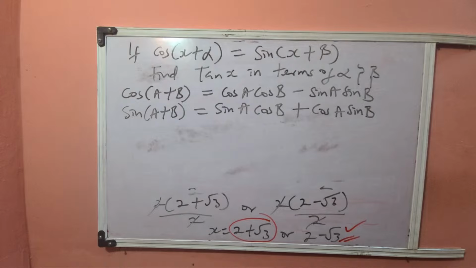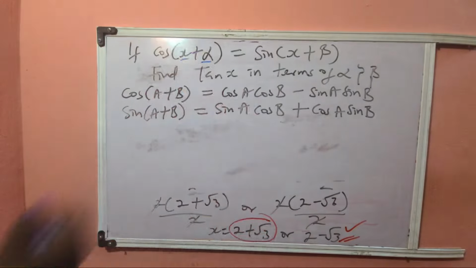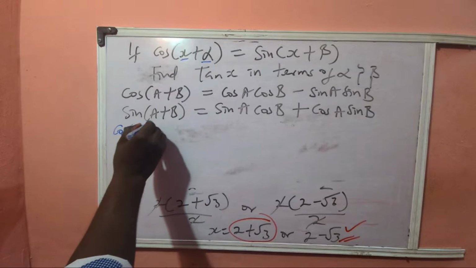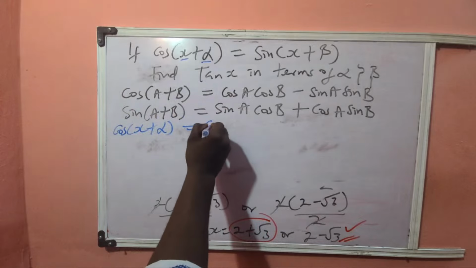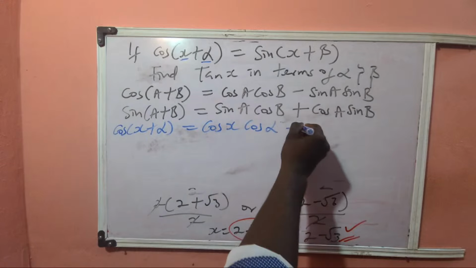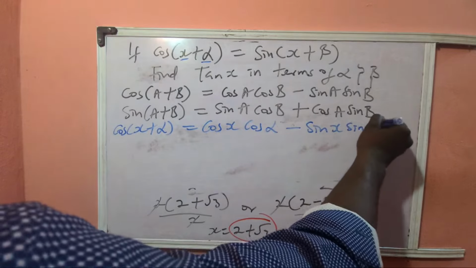And we have to now go on to replicate this. So instead of having the cos of A plus B, we're now having the cos of x plus alpha. So that means the cos of x plus alpha is equal to, using the compound angle, the cos of x, the cos of alpha, minus the sine of x, the sine of alpha.